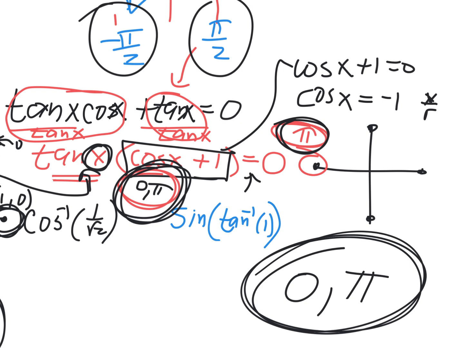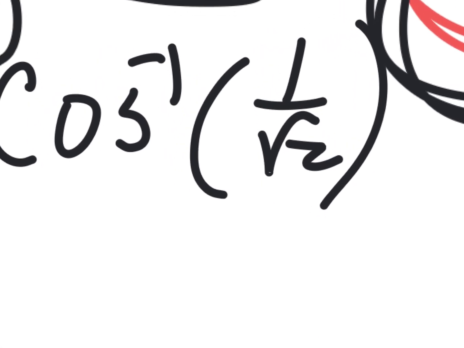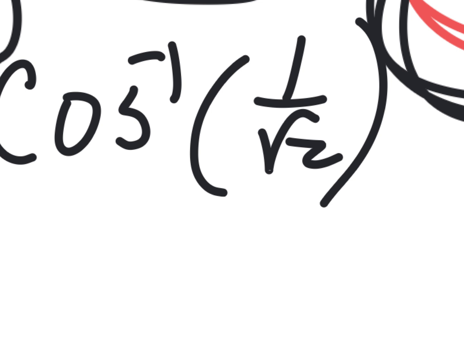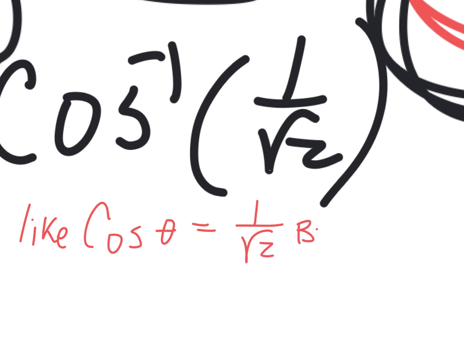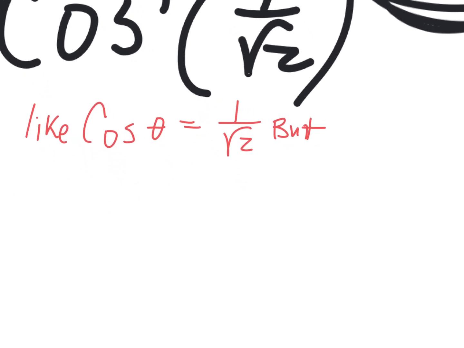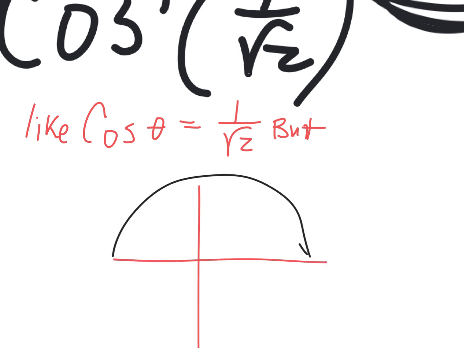Okay, and then there was this one, inverse cosine of 1 over 2. In case you completely forgot how inverse cosine works, I would actually write this: cosine of the angle equals 1 over 2, but there are restrictions. The restrictions are that cosine is only allowed from here to here.